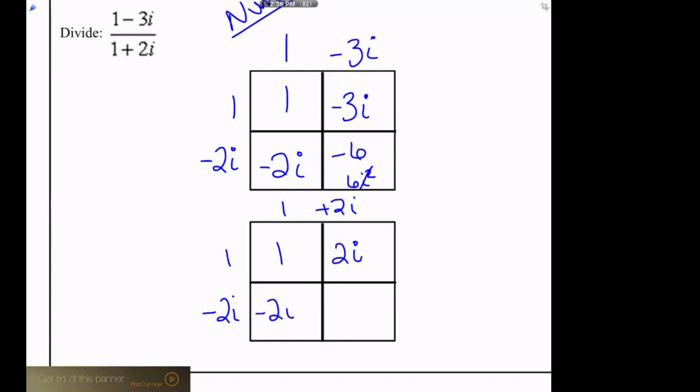Negative 2i times 1, which is negative 2i. 2i times negative 2i, which is negative 4i squared. i squared gets replaced with negative 1. So this box holds a value of positive 4.